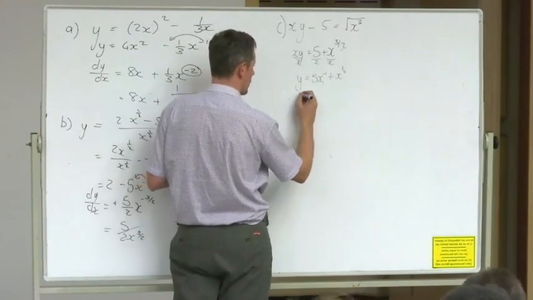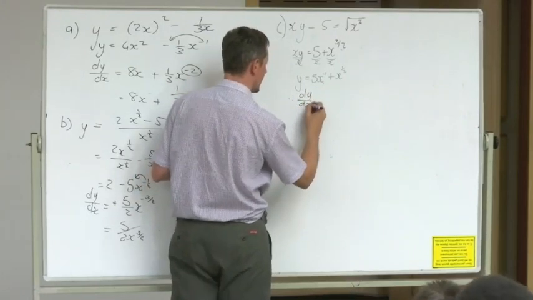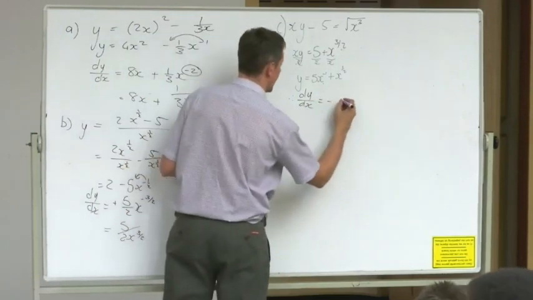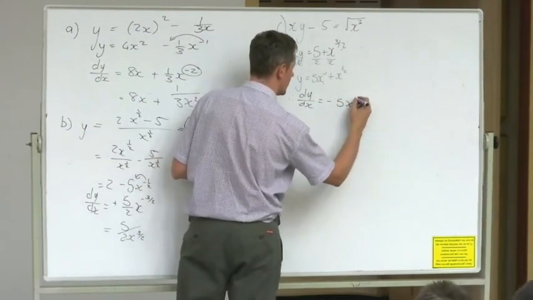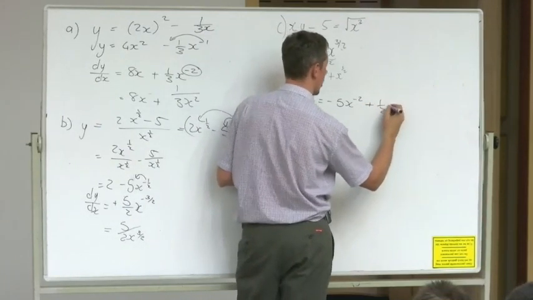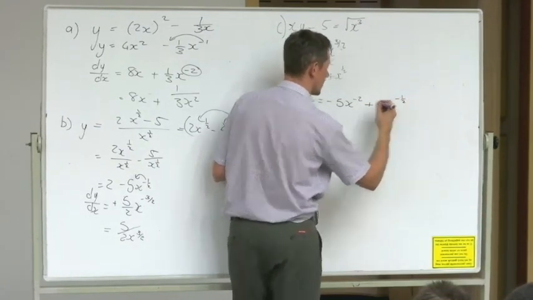So therefore, dy over dx is going to be equal to negative 5x to the negative 2 plus a half x to the negative a half.